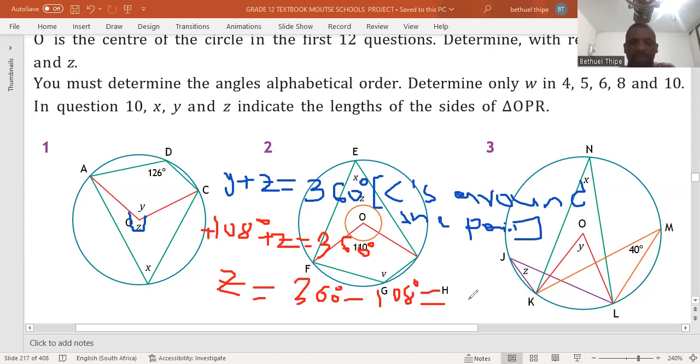I will ask you to use your calculator to find that number or write down the answer yourself. So I obtained 252 degrees.